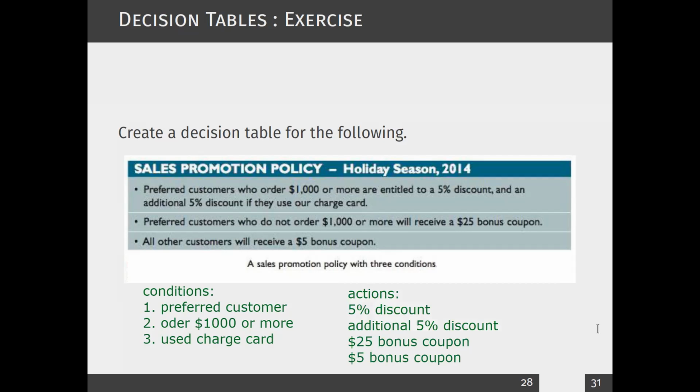We have conditions and we have actions. Now we can put up a table. So we have three things to talk about.